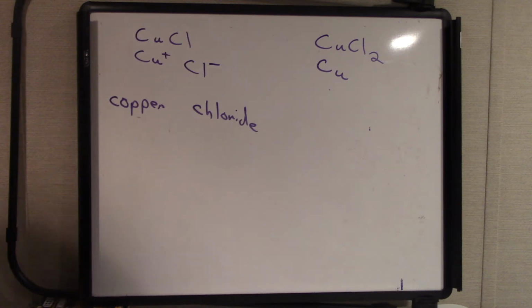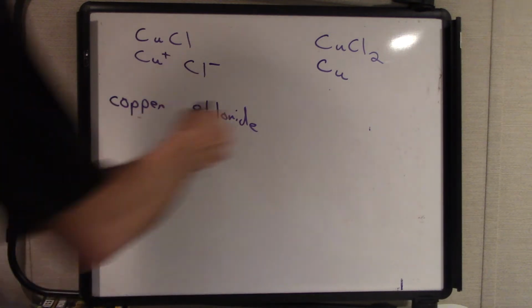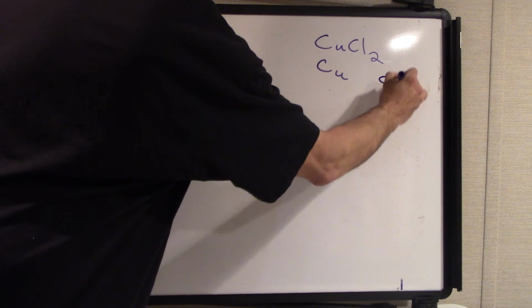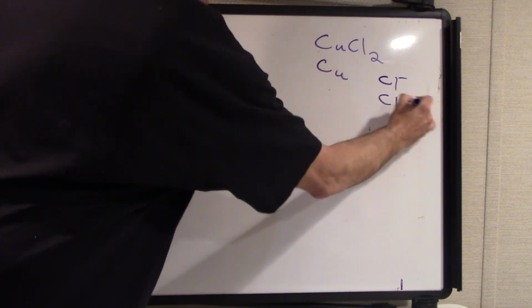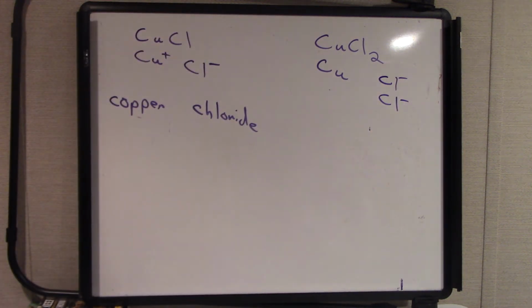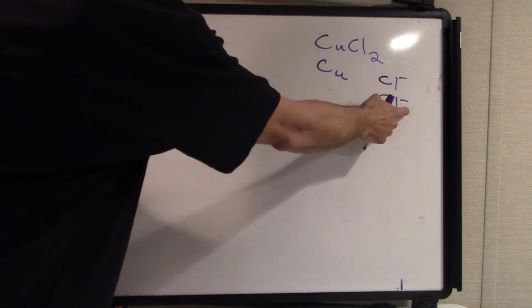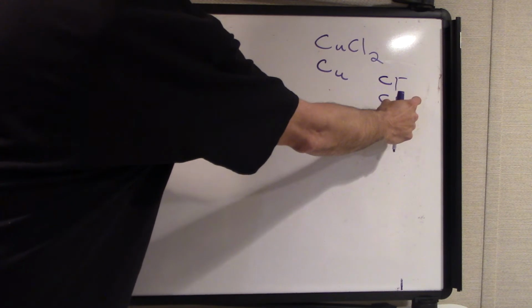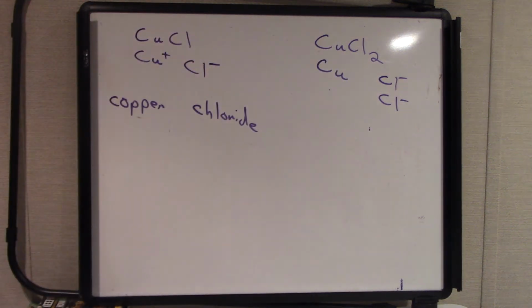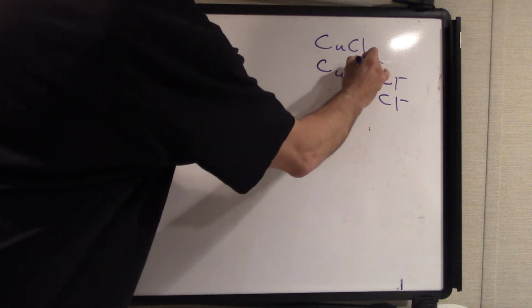You have to figure it out from other information you have. Here I have 2 chloride ions. Again, they're in group 7A for a charge of -1 each. So in order to achieve charge balance, I'm at -1, -2. This copper has no choice but to have a charge of +2.